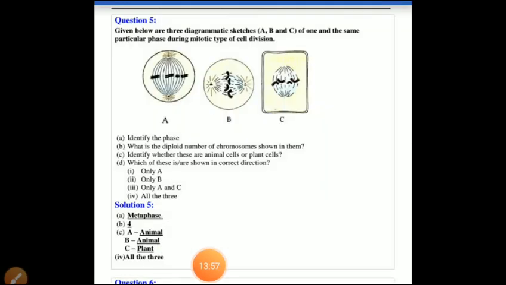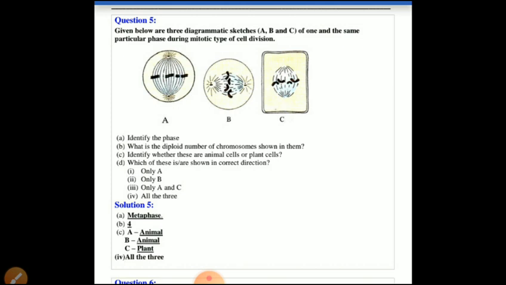Question number 7 from your textbook. Given below are 3 diagrammatic sketches A, B and C of one and the same particular phase during the mitotic type of cell division. Question A. Identify the phase.